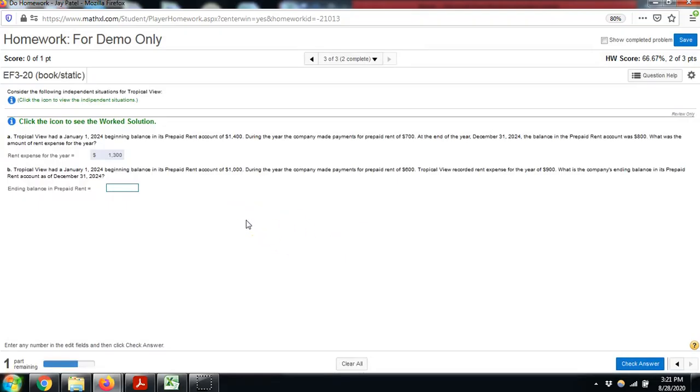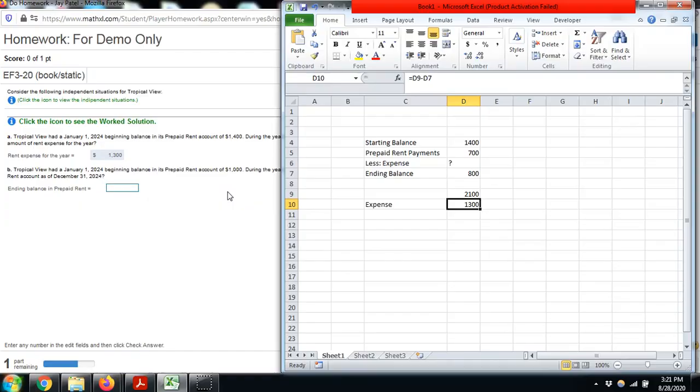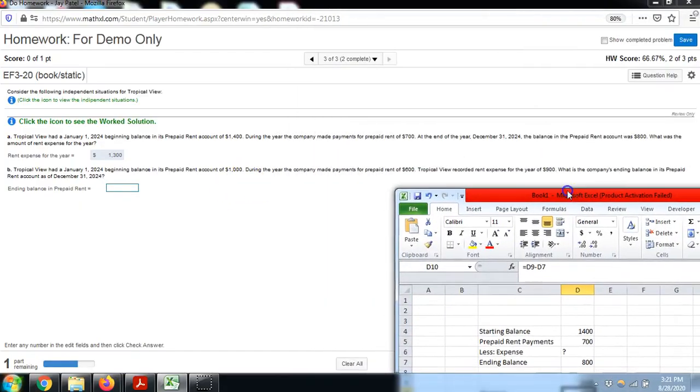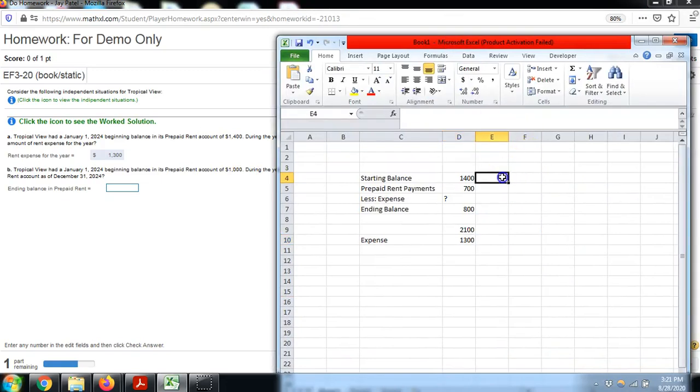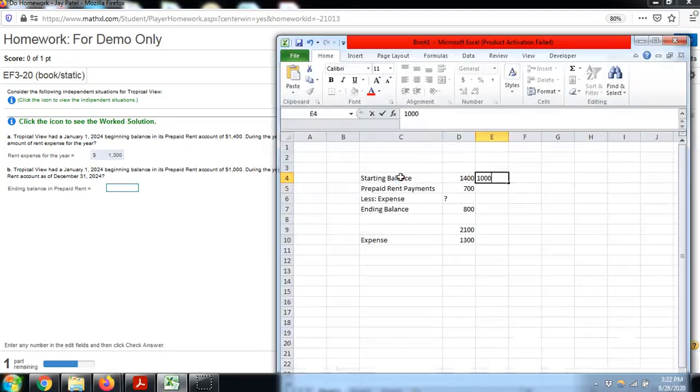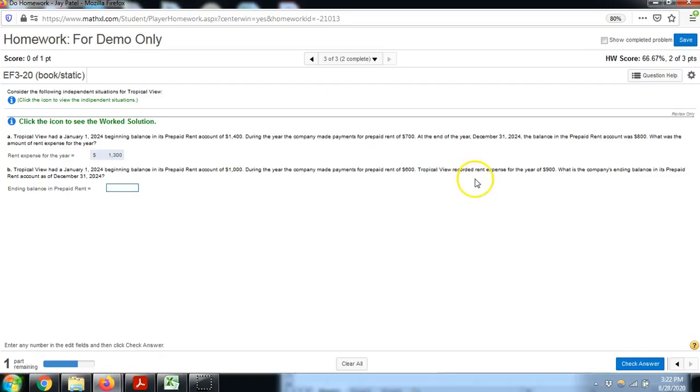Okay, so next, it's going to give us some slightly different information. So the beginning balance is 1,000. During the year, the company made payments for prepaid rent of 600. And then we recorded an expense for the year of 900.